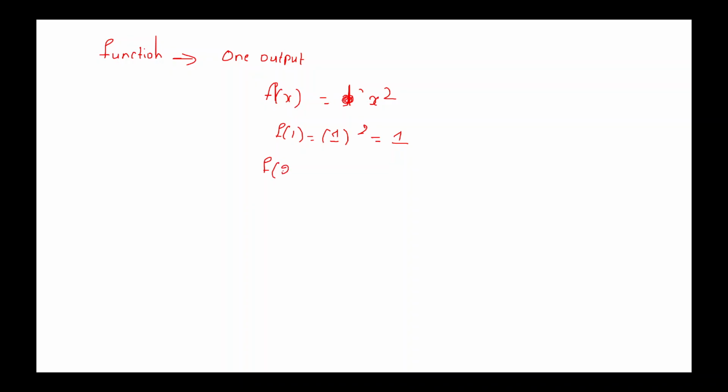And if I give input f of 2, 2 square is 4. If I take any number as input, I'm going to get just one output. If I say f of 3, the answer would be 9, but for the same input there will not be another answer like 10 or 11. There is only one answer. So it is a special type of relation where every input has only one output, but not more than one. That is what a function is.